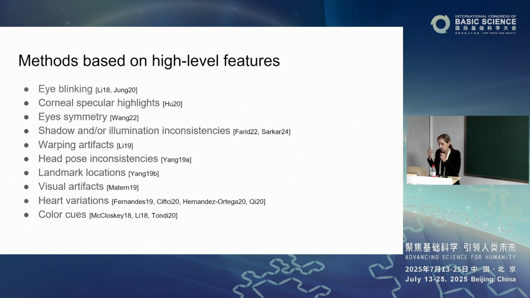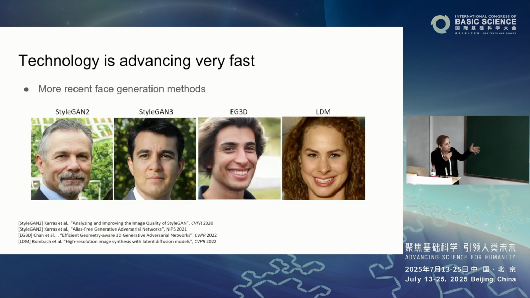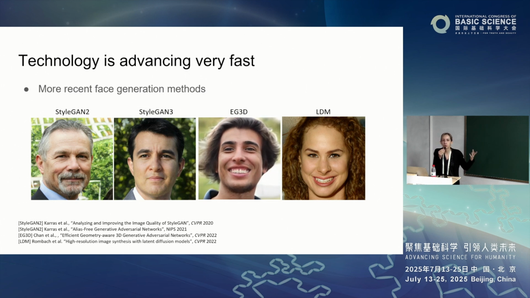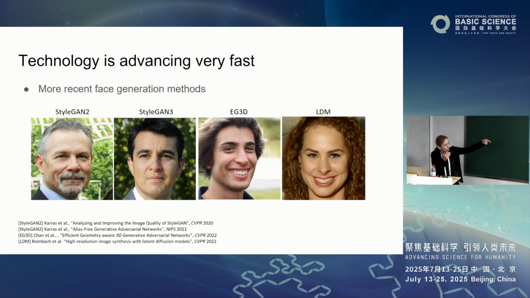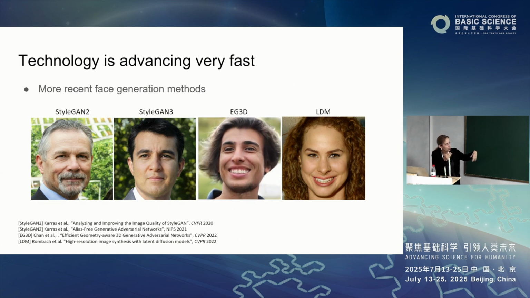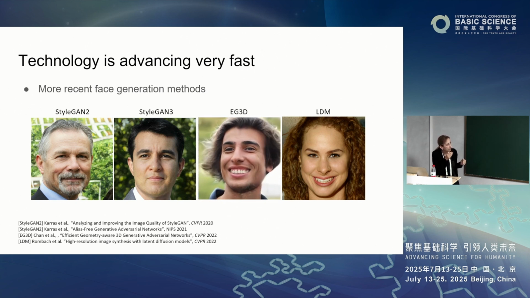And the main problem of these visual and semantic artifacts, in my opinion, is that they're okay, but technology really advances very fast. So we really see an improvement in the generation of faces. You can see different versions of StyleGAN, which is a generation method based on a generative adversarial network.